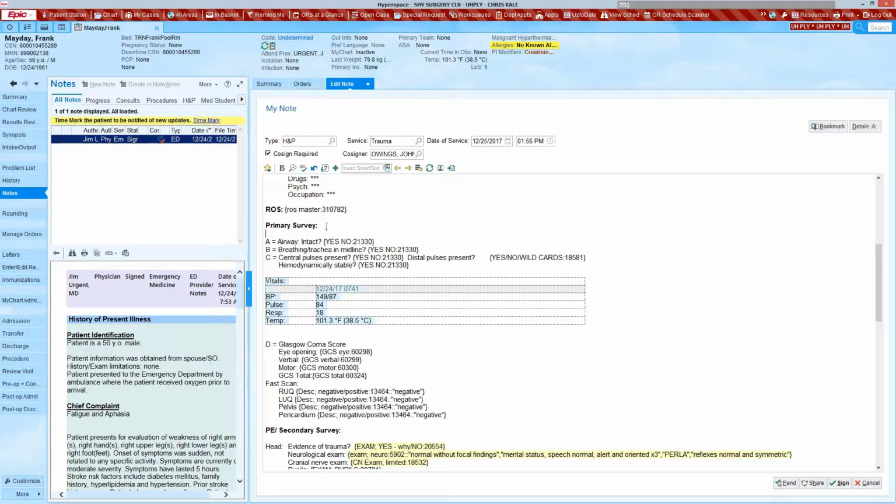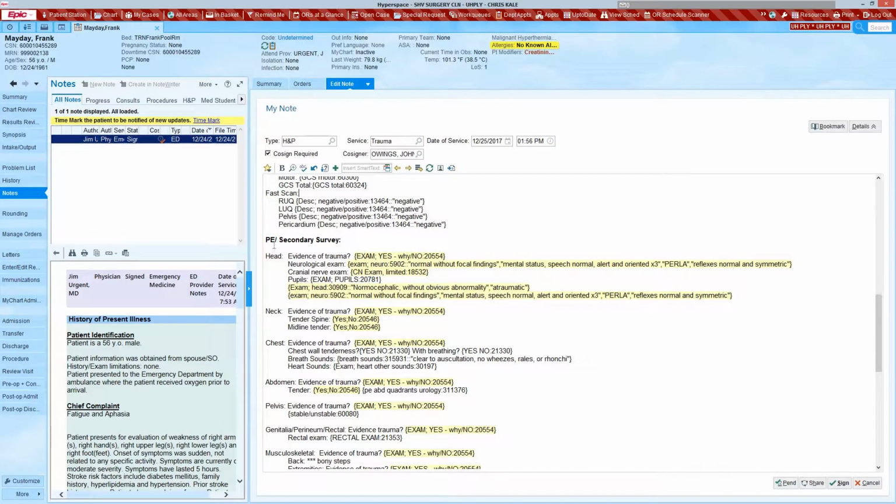This section, and all the following sections, are for our assessment at our facility, not how the patient presented in the field or at another hospital. That information could be included in the history of present illness. The Glasgow Coma Scale should then be designated with a total Glasgow Coma Scale and which sections were detracted from. The FAST scan is also included here, if performed.